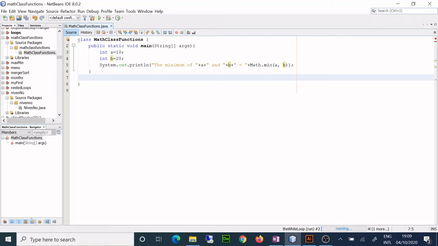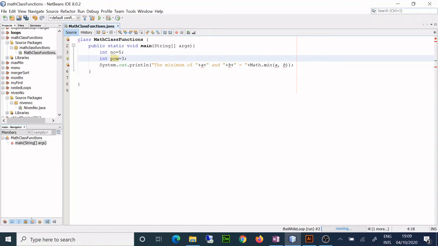Now let's have a look at Math.pow, meaning Math.power. So I will take a number, let's say my number is 5 and power, let's say 3.